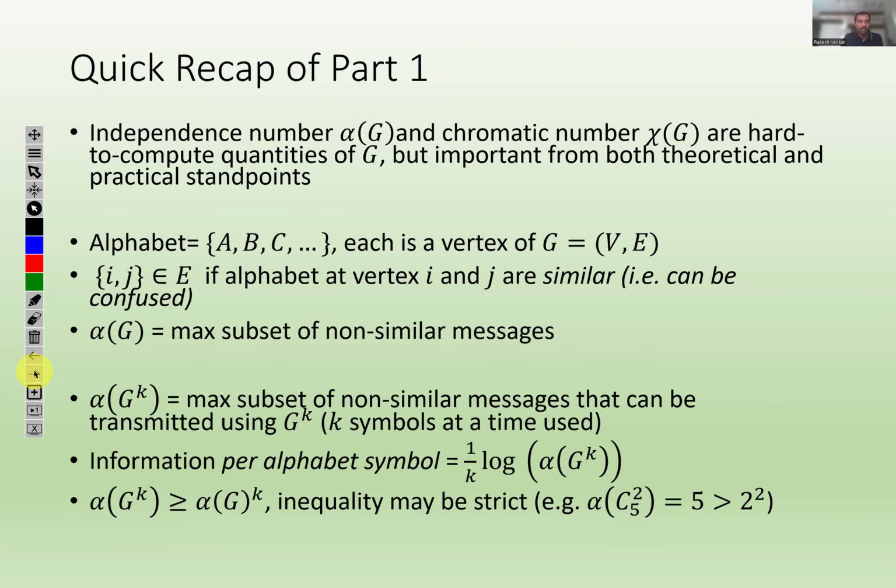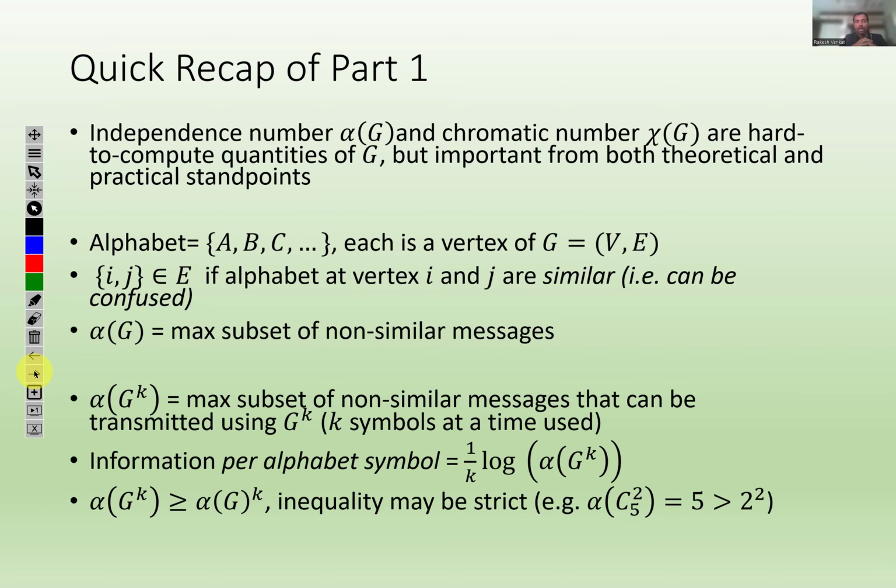You have an alphabet. In fact, let me not discuss the information theory part, but just give it like this: you have an alphabet maybe labeled as A, B, C, and so on. There can be any number of them. It's not particularly the English alphabet. And consider a graph where the vertices are labeled by each of the letters of this alphabet.